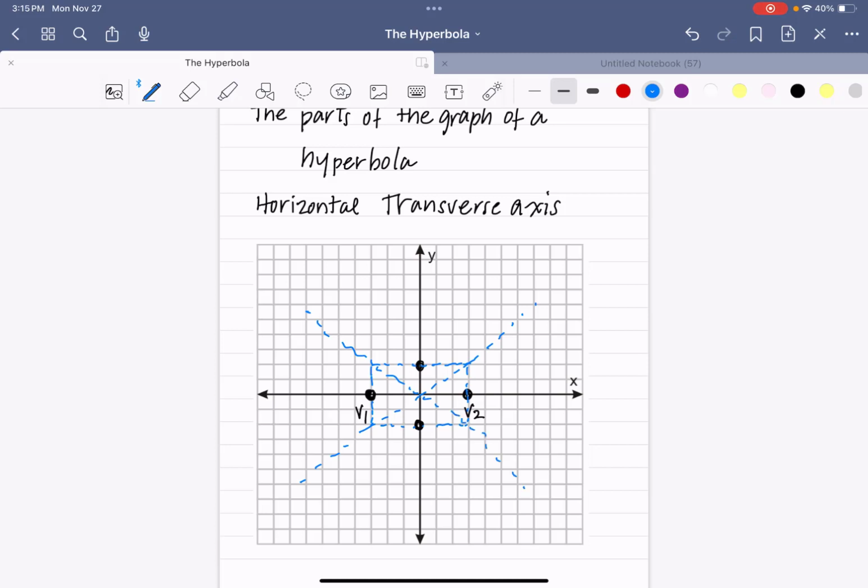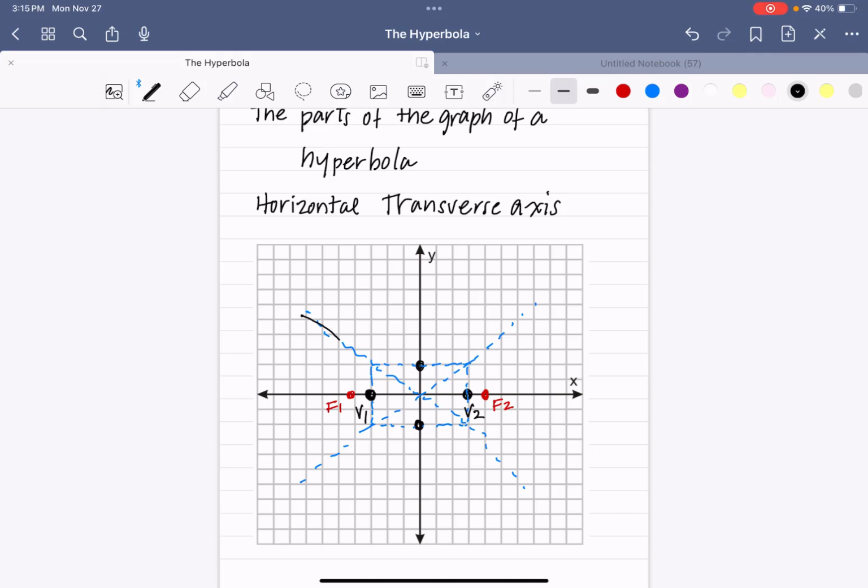Now the vertex is there on the axis, and the foci will be on the same axis, and they'll be somewhere inside of the graph. So we'll call that foci 1 and foci 2. And the equation will look like this when graphed.